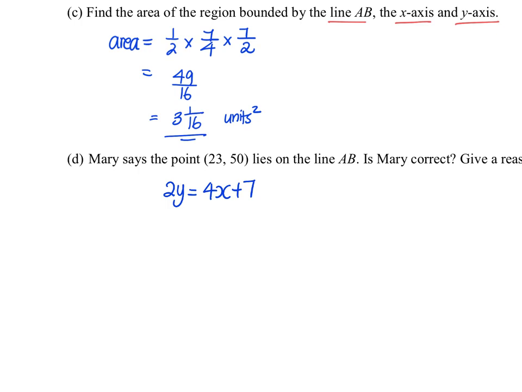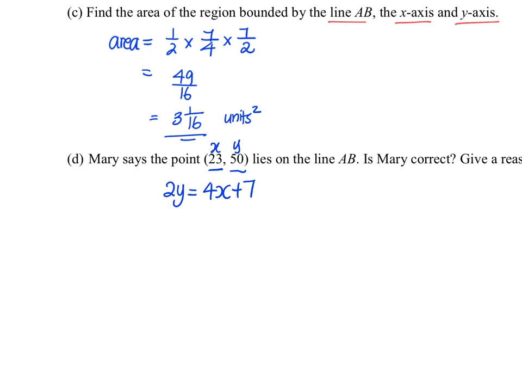So what you can do now is, I know that here x is equal to 23 and y is equal to the value of 50. So what I need to do is sub in one of the values and test whether, for example, I substitute in x and I test whether y really equals 50. Sometimes some students like to sub in both, because you know all the numbers already.